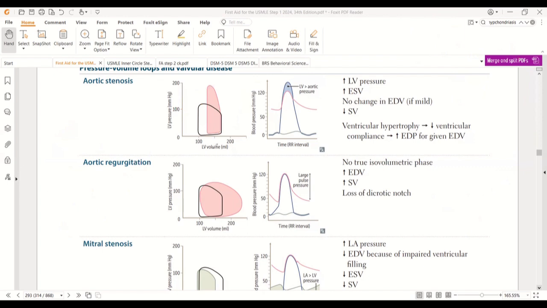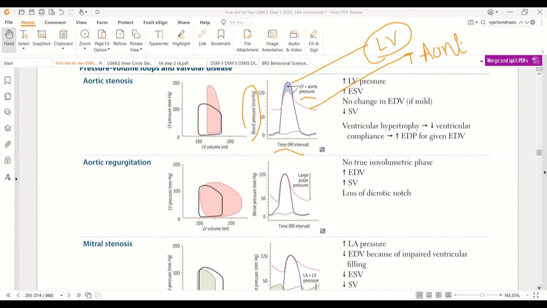Okay, so now moving toward this graph of blood pressure and time. Here the left ventricular pressure is more than the aortic pressure, right? This line shows the left ventricular pressure, and this red line shows the aortic pressure.